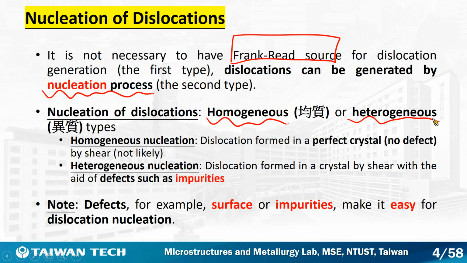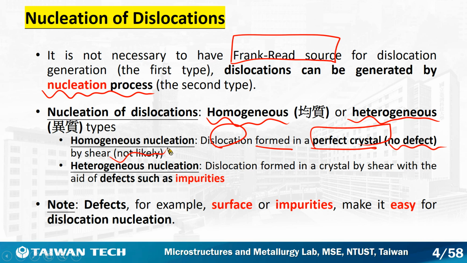For homogeneous nucleation, it means that the dislocation will be formed in a perfect crystal. So it will come out from nowhere, right? There is no defect in a perfect crystal. But actually, it's not likely, okay?